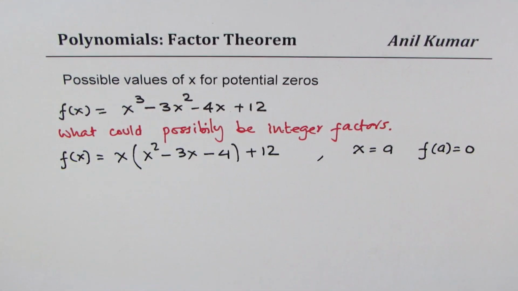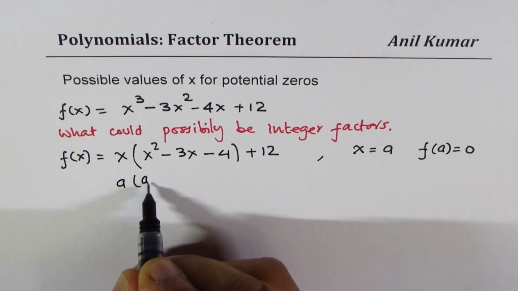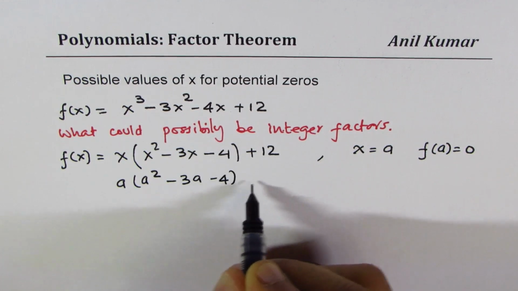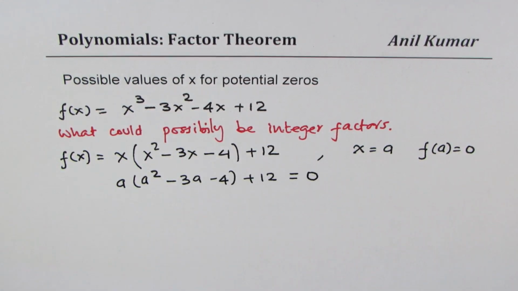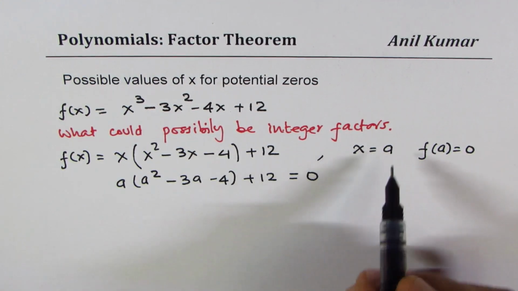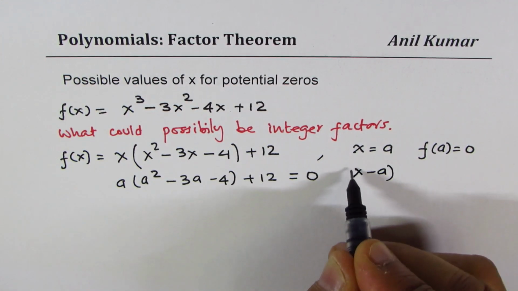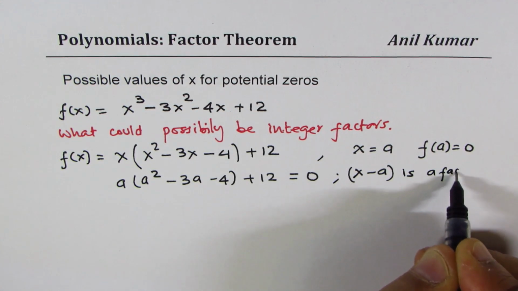Let us assume this, right? In that case, a times a squared minus 3a minus 4 plus 12 should be equal to 0. Perfect. Because we are saying that x equals a gives you a factor. That is to say, x minus a is a factor.